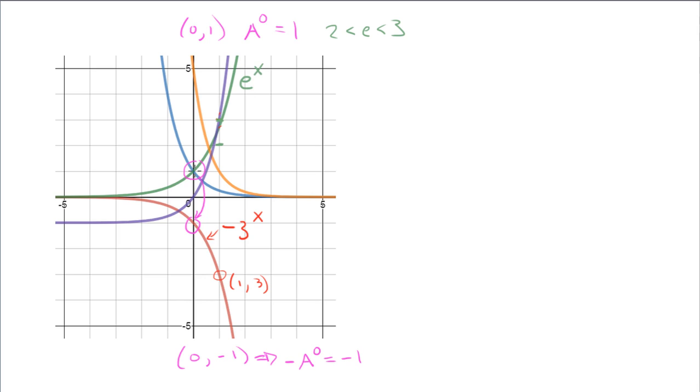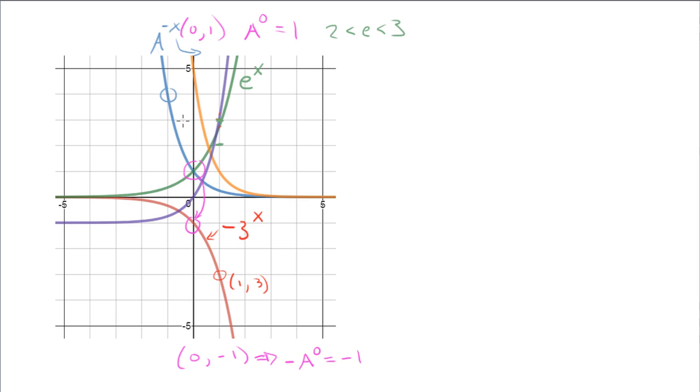Let's take a look at this blue line right here. This blue line is going backwards. As x gets bigger, it gets smaller. So this is something to a negative x since it decays downward like that. This decaying exponential, that's a negative x. And let's take a look then at negative 1.